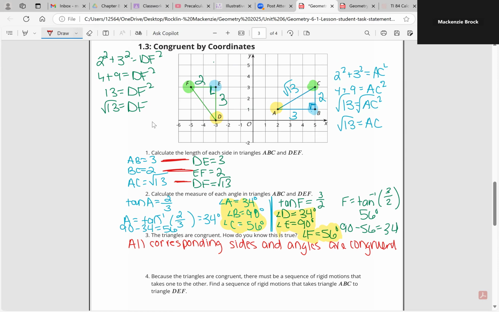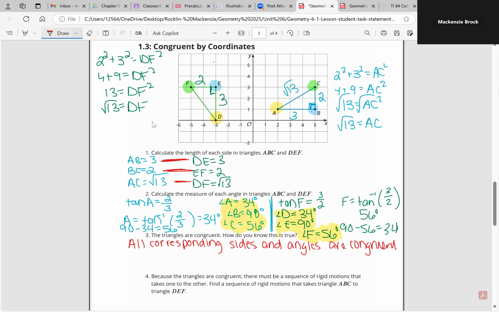The first thing I would do is rotate ABC until it is, I don't want to call it upside down, but it looks like that. If you think about it, I'm just flipping it a fourth of the way, and that's 90 degrees.